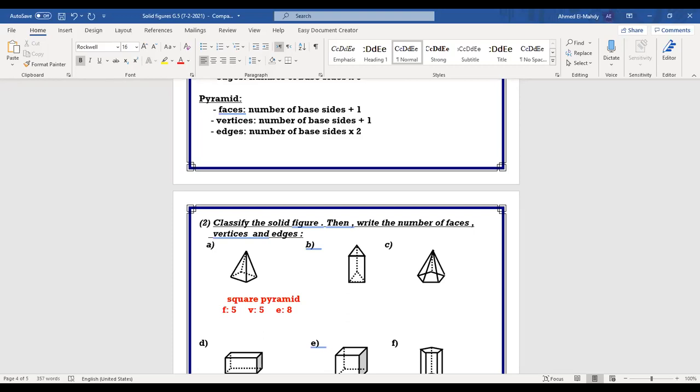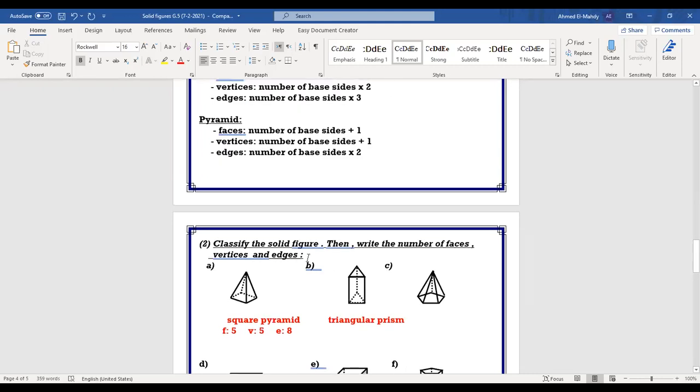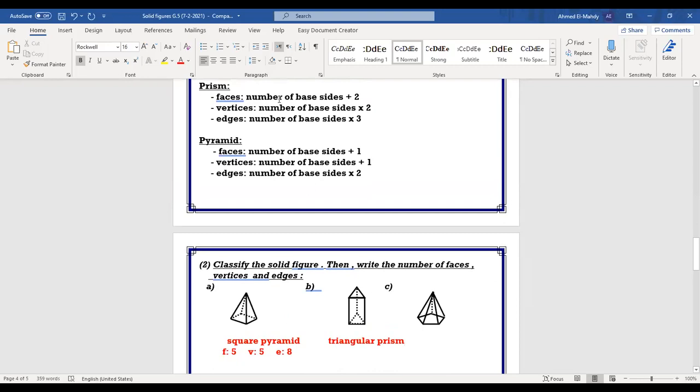Triangle. Then this solid is a triangular prism. In the prism, how can we find the number of faces, edges, and vertices? We use this formula. Number of faces, add 2. Number of vertices, multiply by 2. Number of edges, multiply by 3.